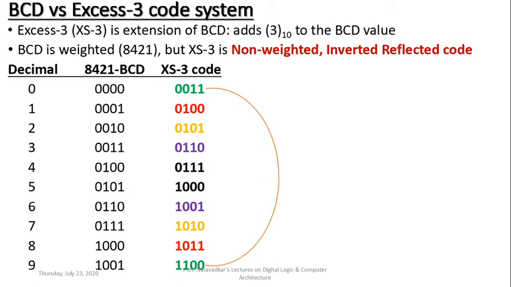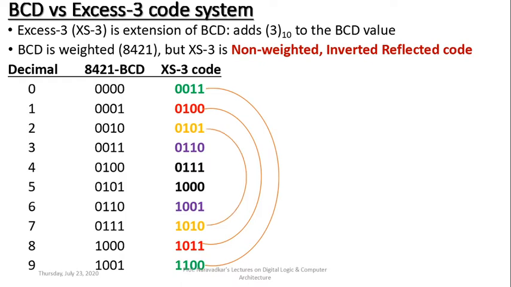The way this is observed is shown now. The top entry pertaining to decimal 0 and the bottommost entry pertaining to decimal 9 are perfectly inverted. Next is red colored, pertaining to decimal 1 and decimal 8, its XS3 representation.